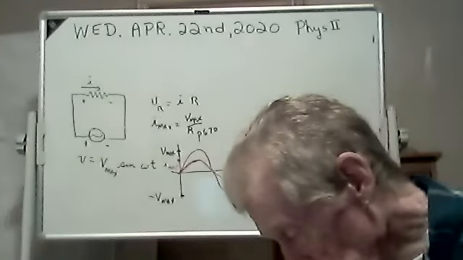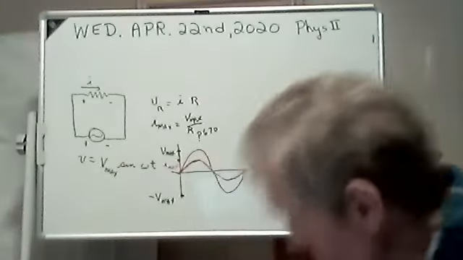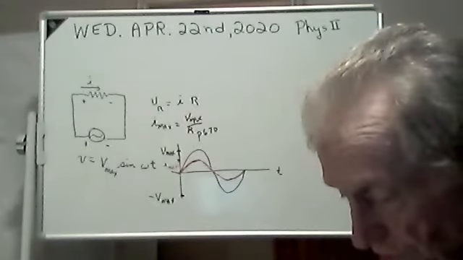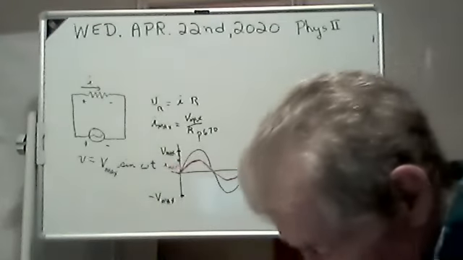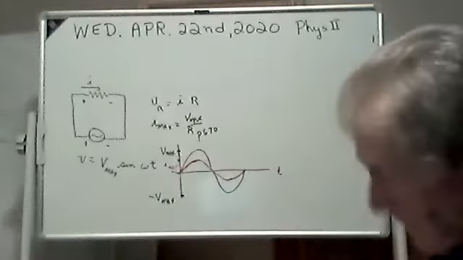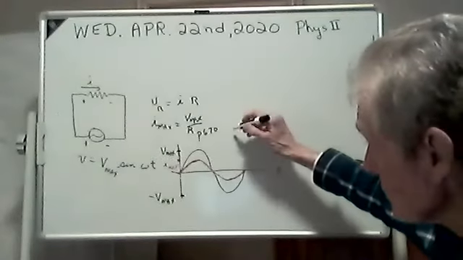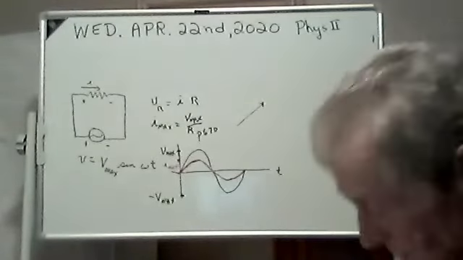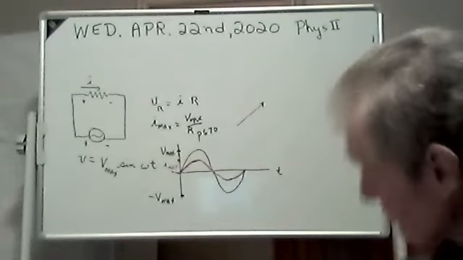And then on page 673, they introduce the idea of voltage and current phasors. They have a phasor diagram. They have the voltage like this, and then they have the current.